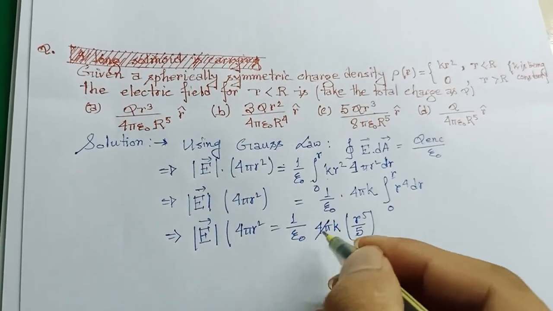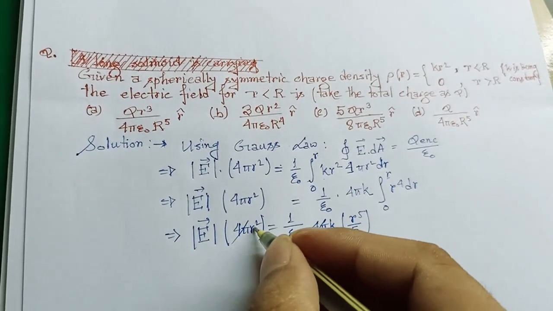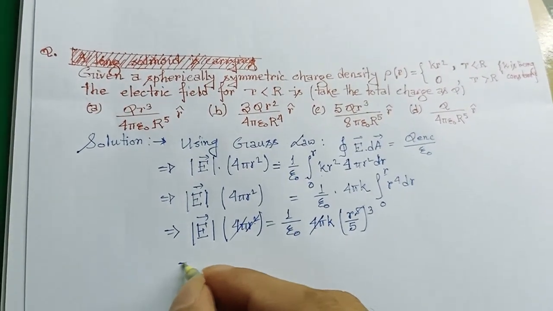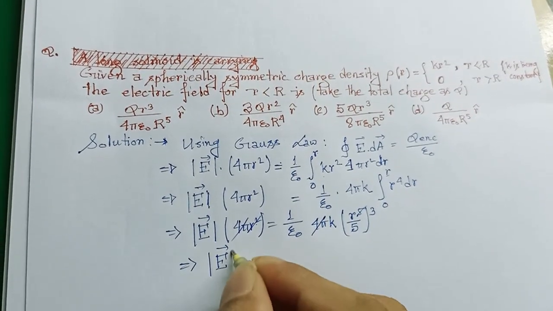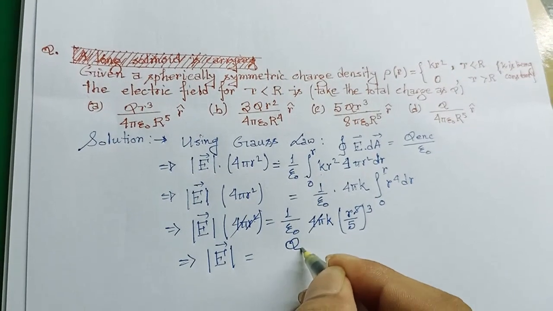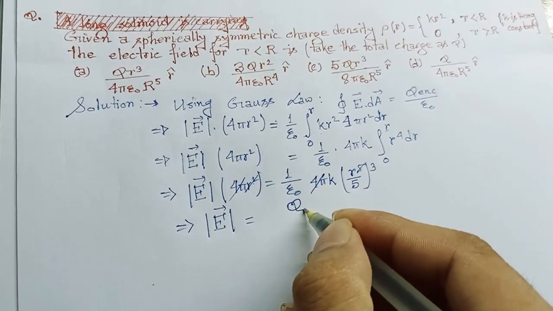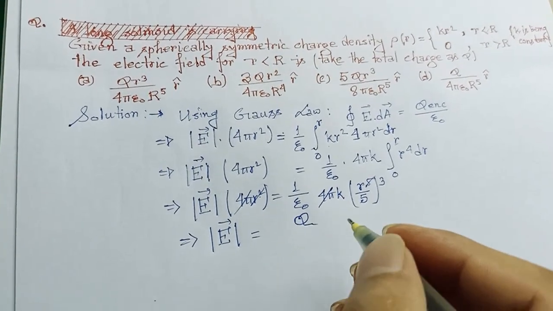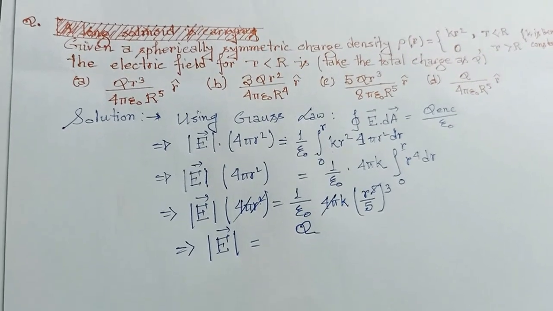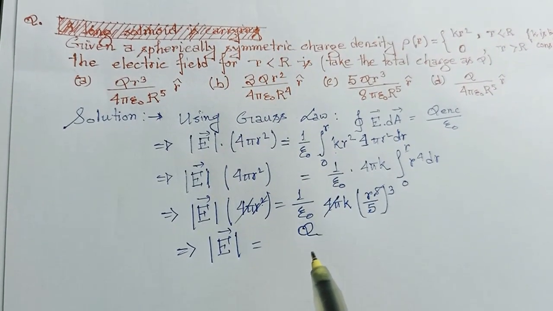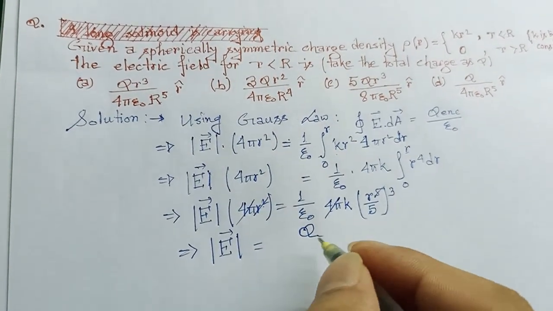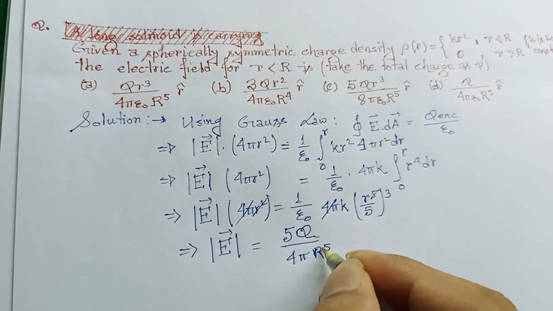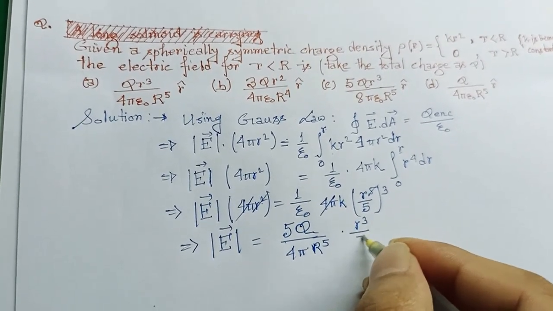Now we can cancel 4 pi from both sides, and r square will also cancel. Expressing k in terms of the total charge Q, we get 5Q divided by 4 pi capital R to the power 5, so E will be 5Q times small r cube divided by 5 epsilon naught, over 4 pi capital R to the power 5.